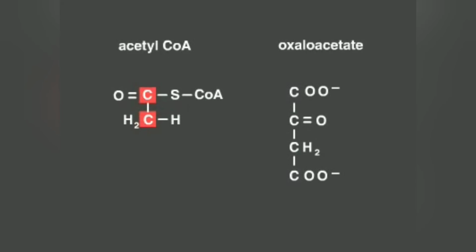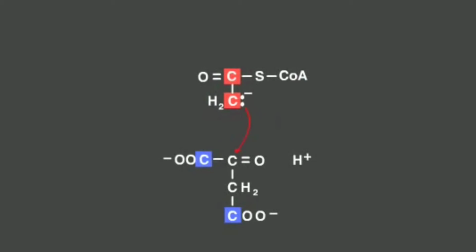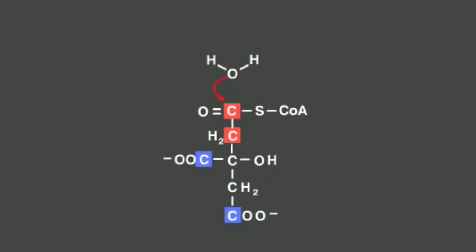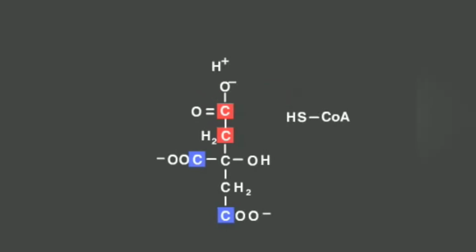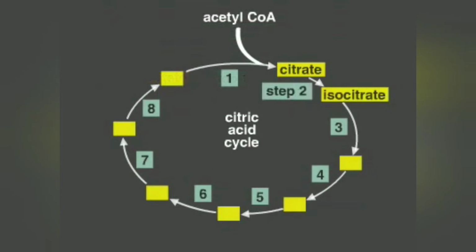The 2 carbon atoms from oxaloacetate marked in blue will be released during this cycle to form carbon dioxide. In the next step of the cycle, citrate rearranges to form isocitrate.